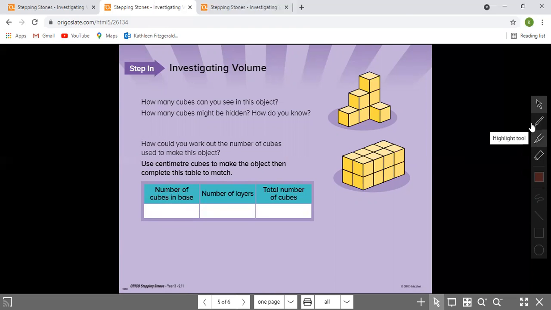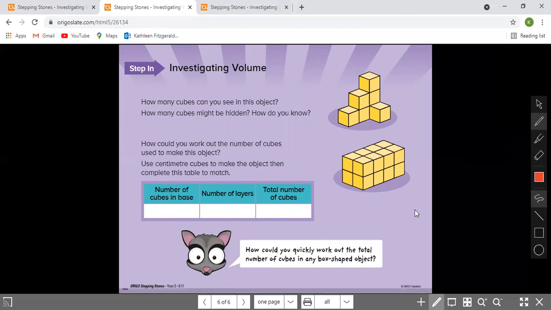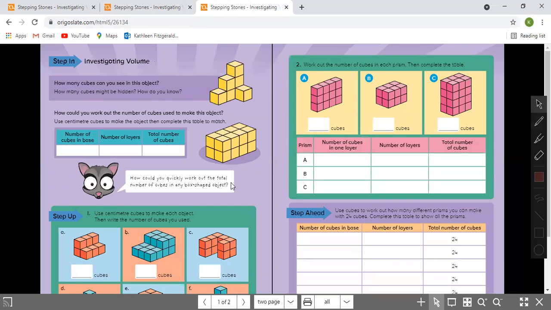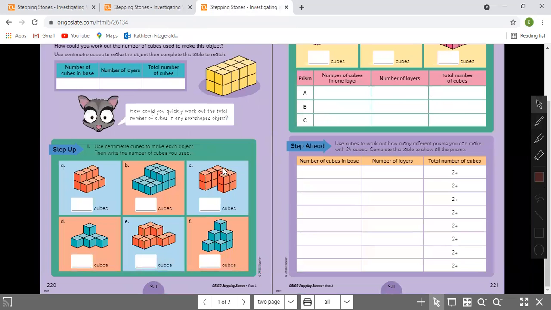Number of cubes in the base is 8. Number of layers is 2. Number of cubes altogether will be 2 times 8 equals 16. Okay, and we just use our multiplication to work out how many centimetres cubed in a solid rectangular prism.